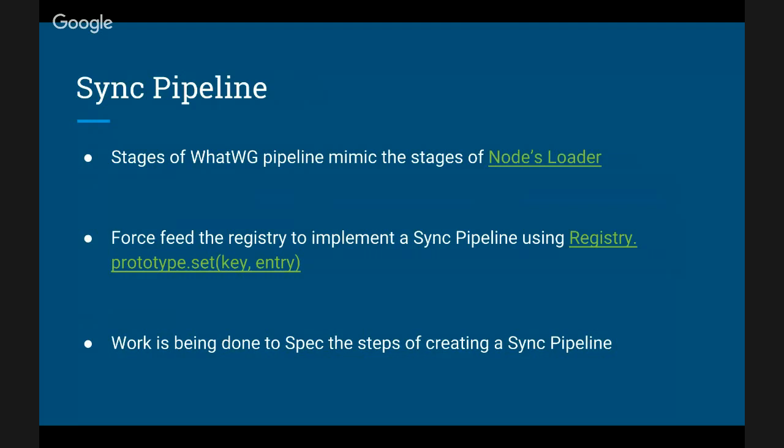And we can give it the module that is created when you do require, just the same as it works right now. That being said, we are working with and talking to WhatWG about including the synchronous pipeline in the WhatWG loader spec. They sound confident that there won't be any problems, and we haven't found any problems. All the problems we've had have been removed by them.